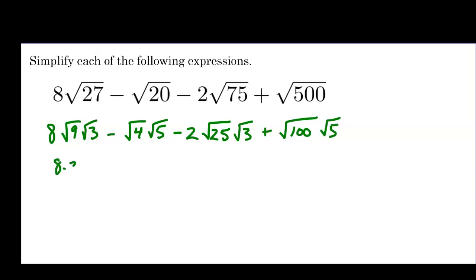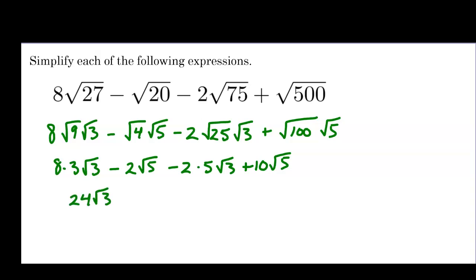Then we get 8 times 3 square root of 3 minus 2 square root of 5 minus 2 times 5 square root of 3 plus 10 square root of 5. We have to simplify some coefficients here. So 24 square root of 3 minus 2 square root of 5 minus 10 square root of 3 plus 10 square root of 5.